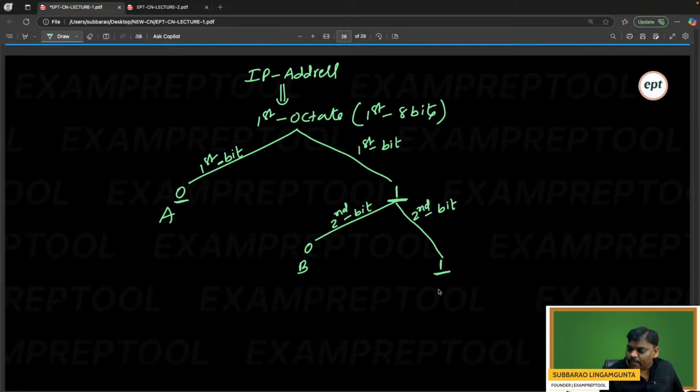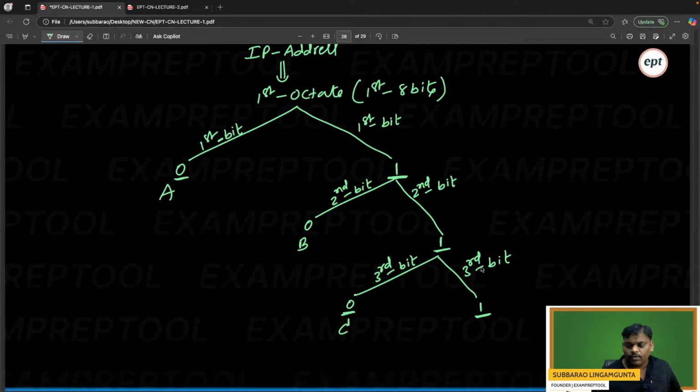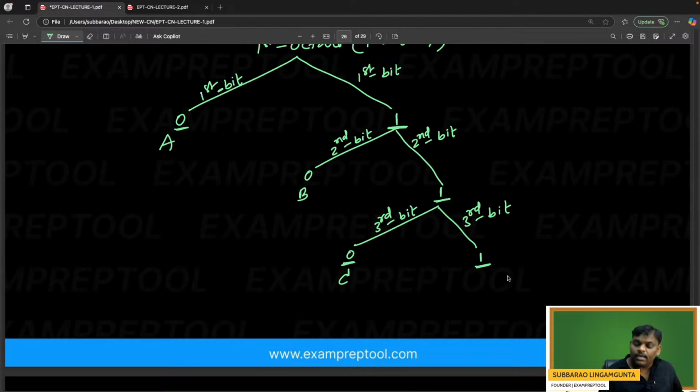Then how to decide among C, D, E, sir? Very simple. Now see the third bit. If the third bit is 0, Class C. If the third bit is 1, the answer is either D or E. Now see the fourth bit.